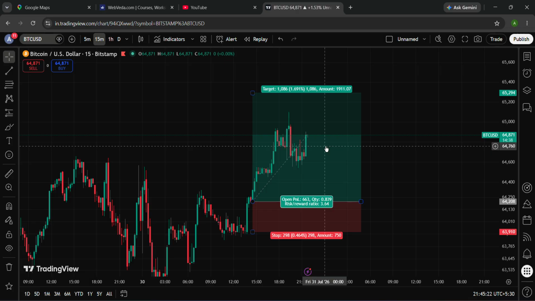You have to maintain at least a 1:2 risk to reward ratio before entering a trade. What will your profit be if your risk to reward ratio is 1:1? With 1:1, if you can afford a 1 rupee loss, then you earn 1 rupee from the market.